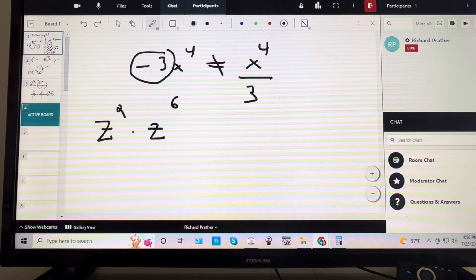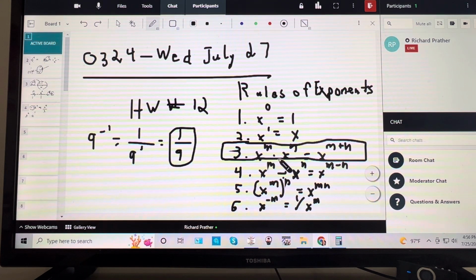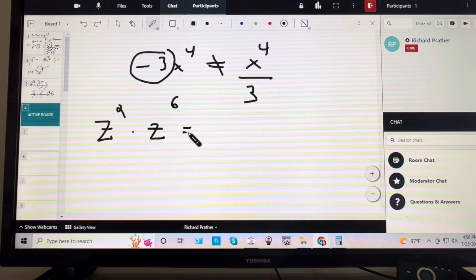This is rule number 3. I have 2 powers multiplied together. They both have the same base, so the base doesn't change. And I just take their exponents and add them. Z to the 2nd times z to the 6th is z to the 8th, because you do 2 plus 6.